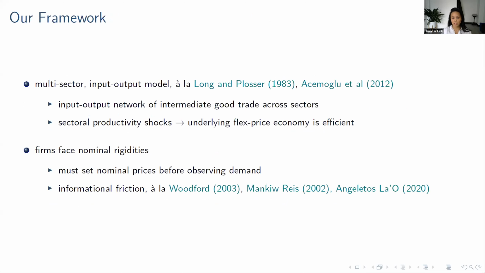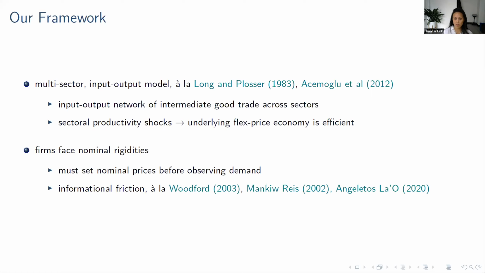Our model essentially has two ingredients. One is an input-output model along the lines of Long and Plosser, Acemoglu et al., and all these other network papers we now have in this literature. So we're going to have an input-output network of intermediate good trade across these sectors. There will be heterogeneous sectors, and they're going to have sectoral productivity shocks.